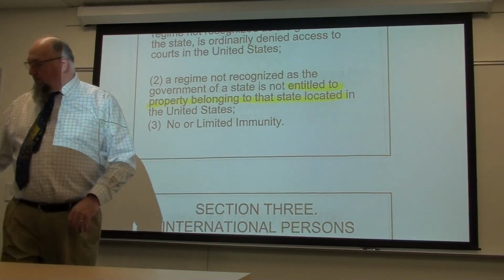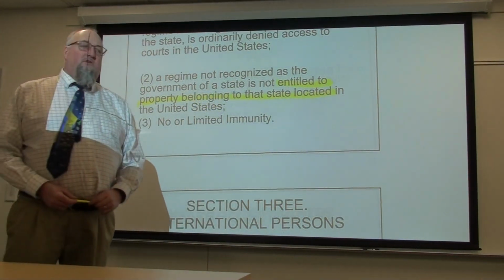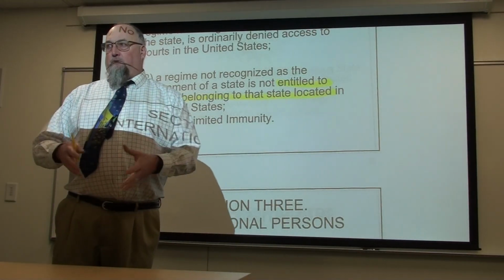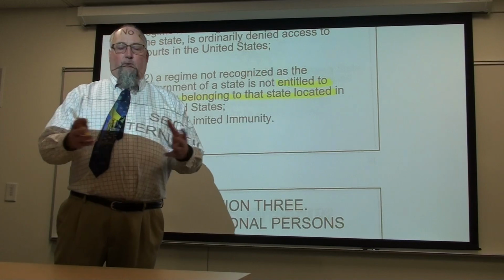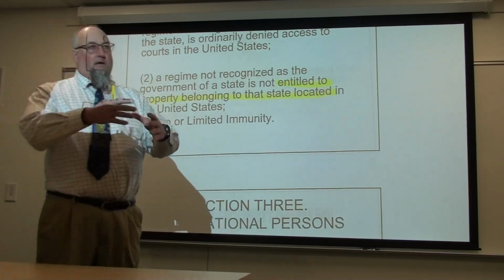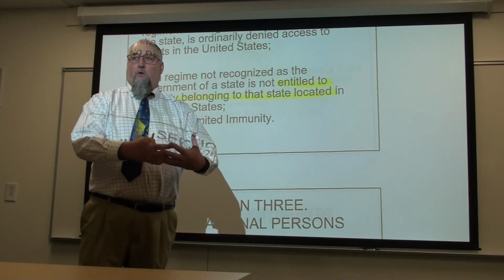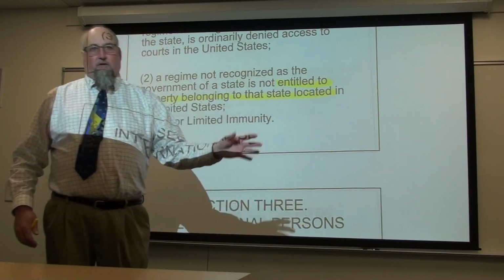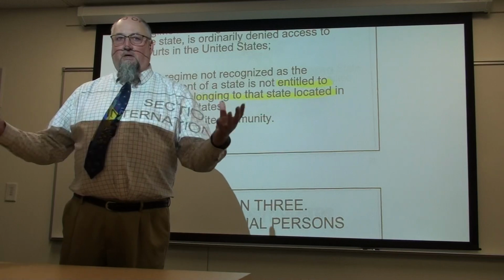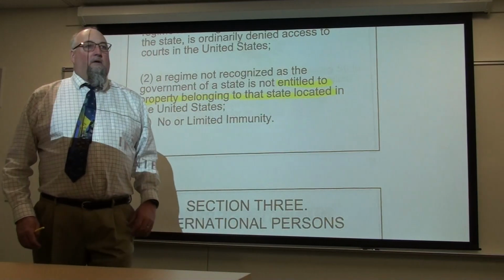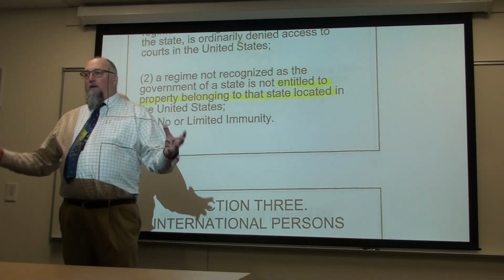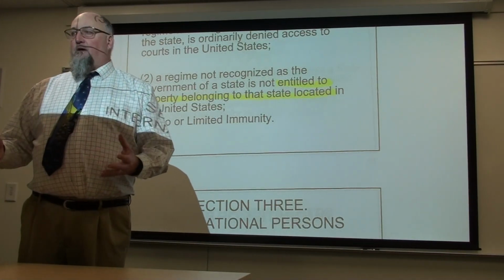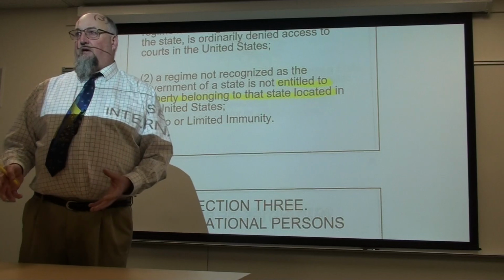So where this comes into play is when you have, this is where recognition is important domestically within the U.S. So let's say we have, again, a territory that breaks apart, like Czechoslovakia, Czech Republic and Slovakia, but used to be together under the Soviets. So you break apart, and now the question is, are we as the United States, do we recognize the Czech Republic as an independent state?